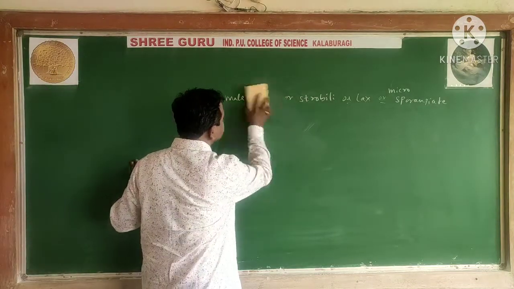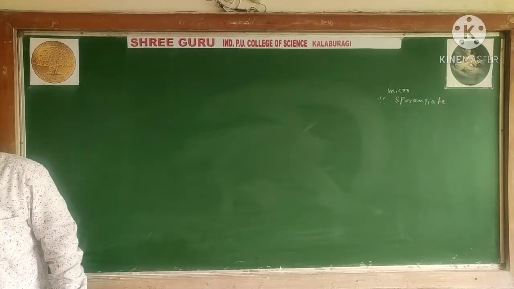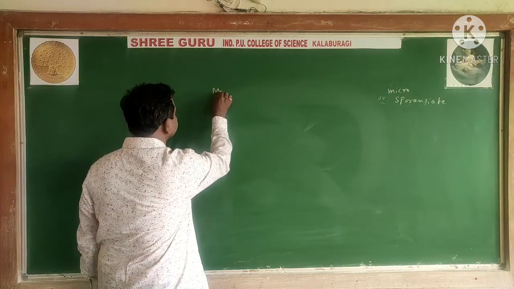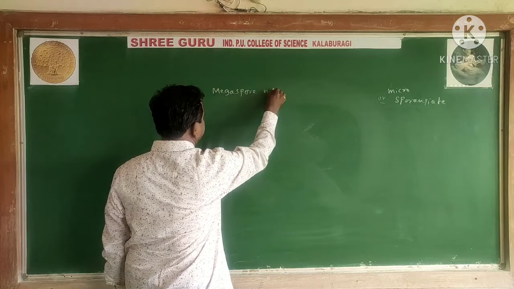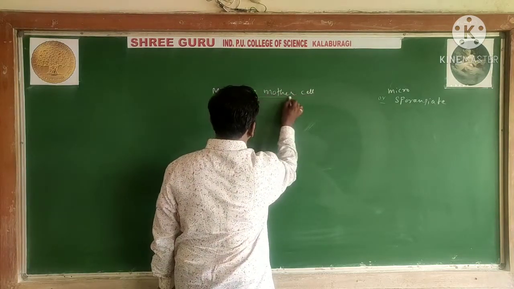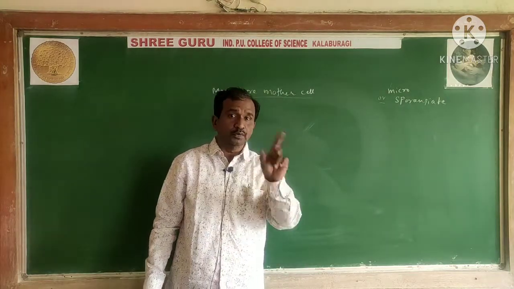We have to observe how the reproduction is going to take place. Now we can see that the word megaspore mother cell comes. Megaspore mother cell, it is normally found inside the ovules.